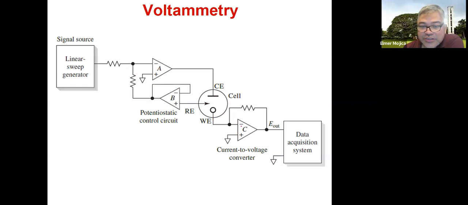Once you see the conversion of the current, you'll be able to get the data. So that's the instrumentation for voltammetry.